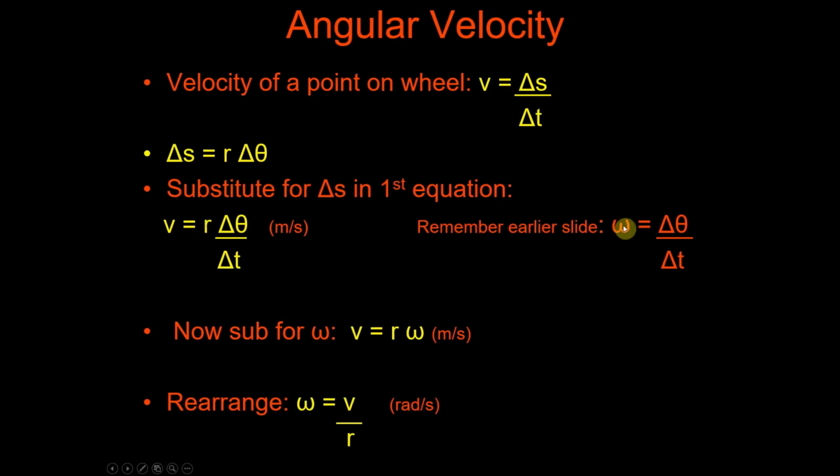Remember from earlier, omega was delta theta by delta t. Substitute in here, and we can say now that v is r times omega. So the velocity of any point on the wheel in a linear sense becomes omega times r. So omega is v over r in radians per second.